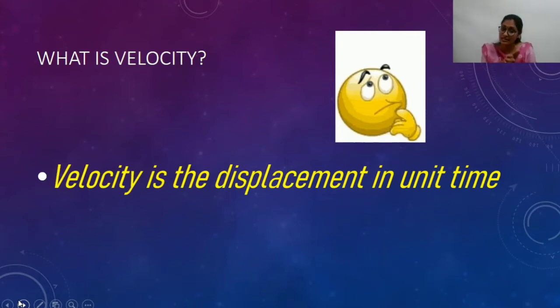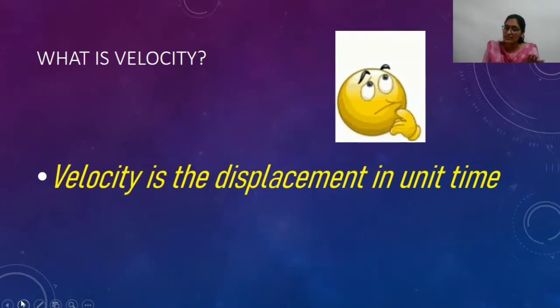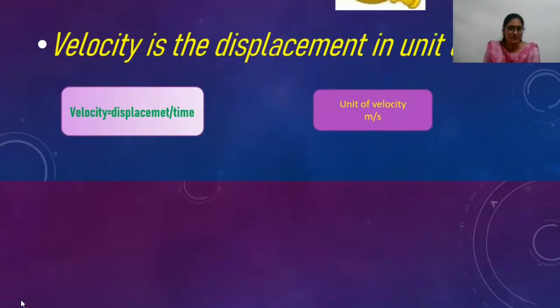So velocity is the displacement in unit time, and velocity has both magnitude and direction. From the definition we can write the equation as velocity is equal to displacement divided by time. The unit of velocity is meter per second. So the units of both velocity and speed are the same, meter per second.